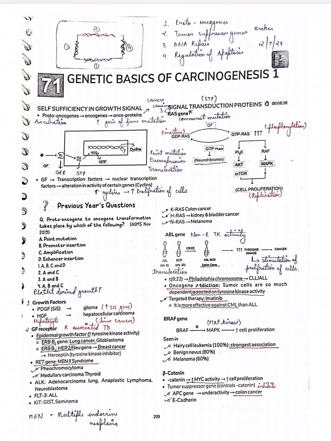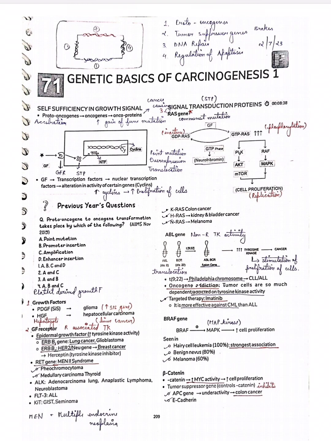The ERBB1 gene is associated with lung cancer. The ERBB2 gene, or HER2 gene, is associated with breast cancer, and the RET gene is associated with MEN2 syndrome. What is MEN? MEN means multiple endocrine neoplasia. This is your RET gene, so it will be associated with pheochromocytoma and medullary carcinoma of the thyroid, right?